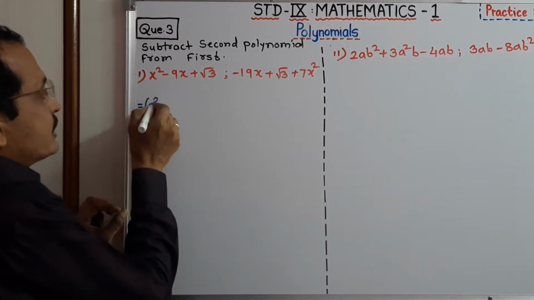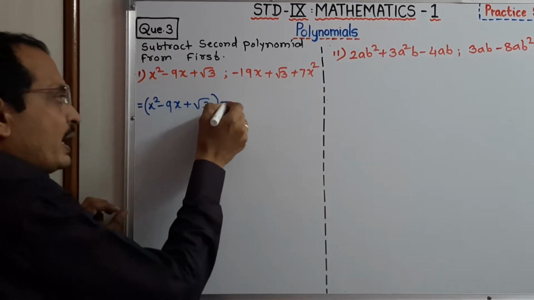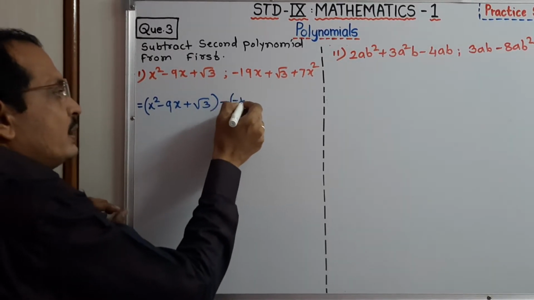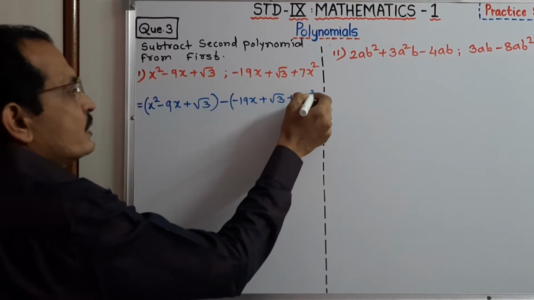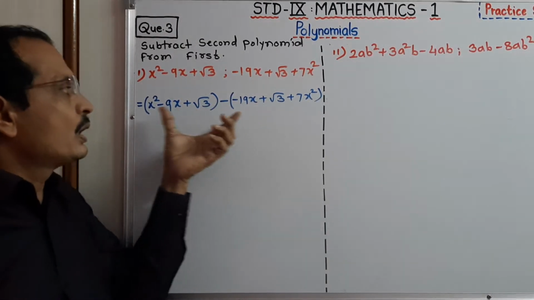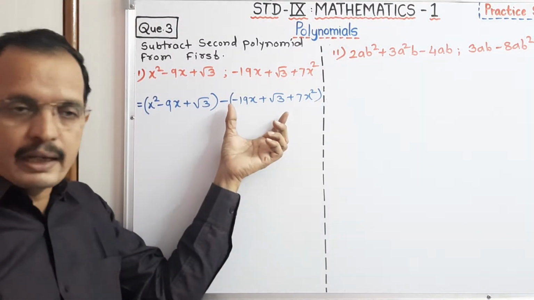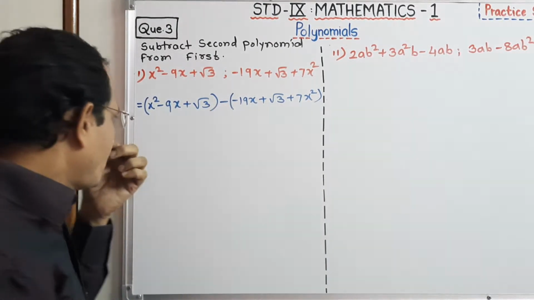Therefore we write here x square minus 9x plus root 3 minus, here, minus 19x plus root 3 plus 7x square. Dear student, we have to do the subtraction. Therefore we have to write both the polynomials in a bracket and between them we have to put the minus sign. Now see here what to do.